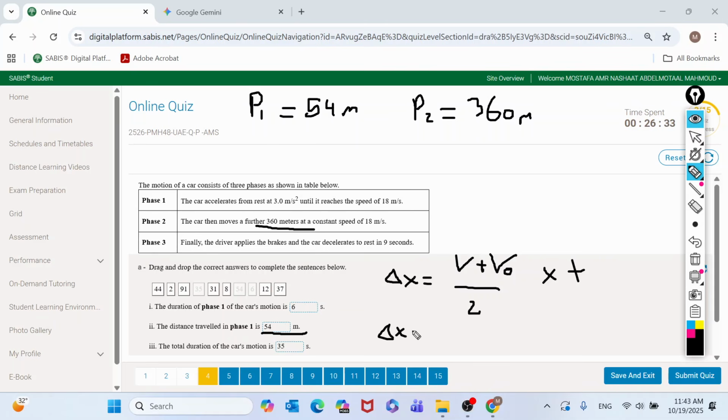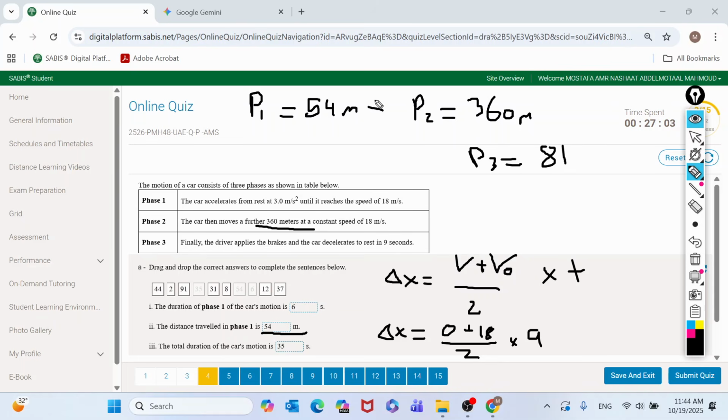So delta x equals 0 plus 18 over 2 times the time, which is 9 seconds. 18 over 2 times 9, you get 81. So phase 3 is 81.